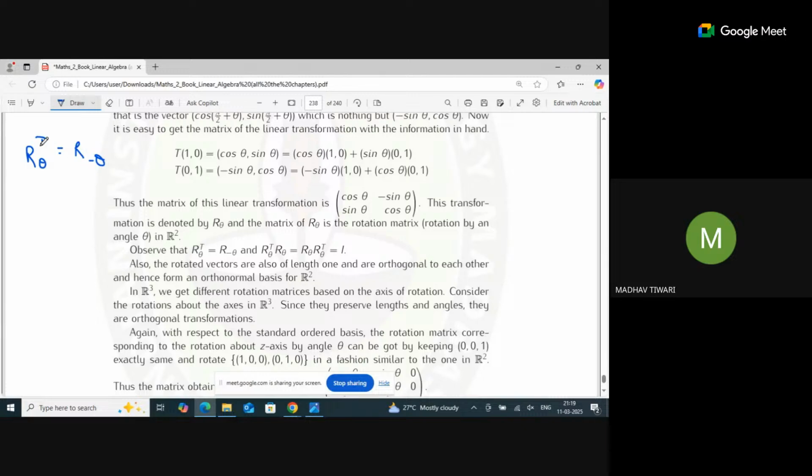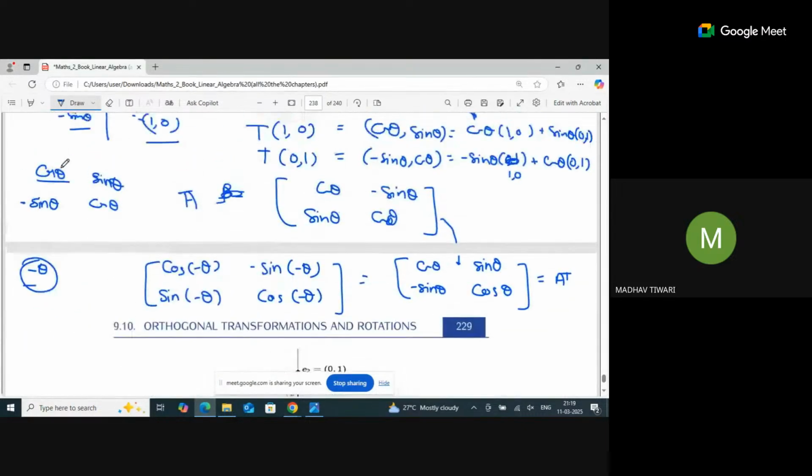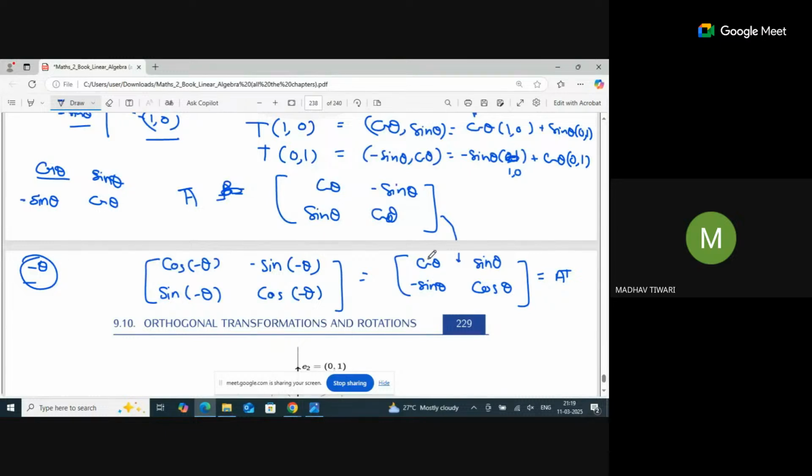And if you multiply both these matrices, cos theta times cos theta gives cos square theta, and minus sine theta times minus sine theta gives plus sine square theta, which is 1. The next element is this row dot product with this column: cos theta sine theta minus sine theta cos theta. So you are multiplying by the transpose, right? Yes, A times A transpose I am doing.